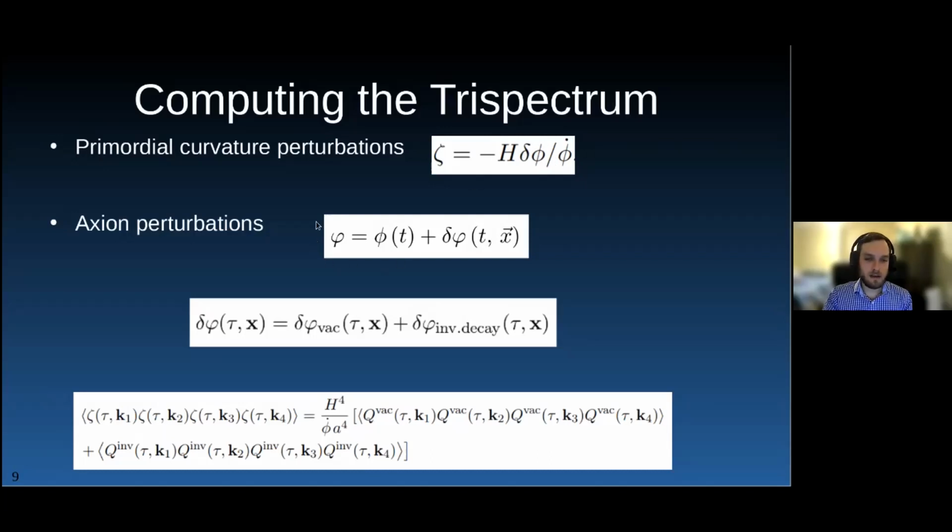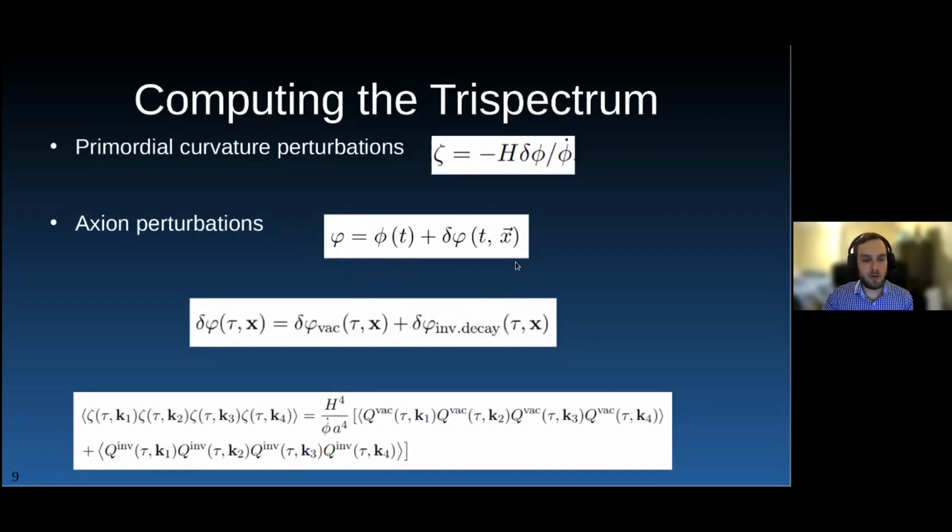So the axion is our inflaton field in this inflationary model, and the axion field can be written as a background value which is constant in space but varies in time, plus some small perturbation on top of that background value.